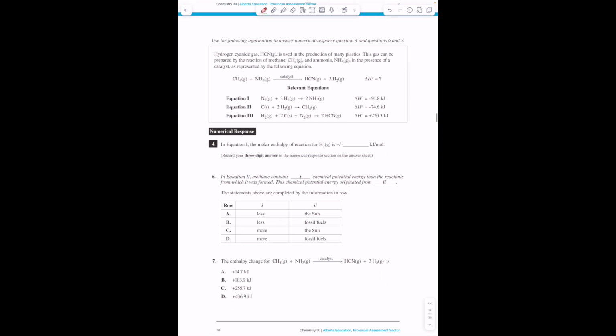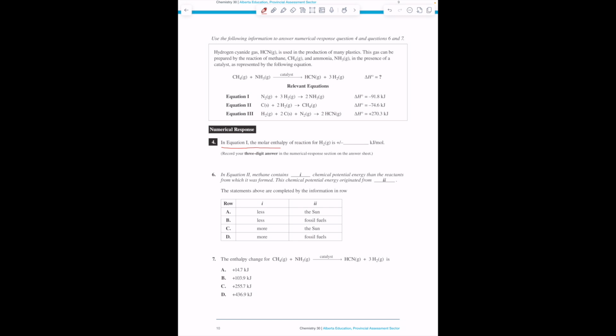Okay, next one. In equation 1, the molar enthalpy of reaction for H2 is, okay, so molar means kilojoules per mole, per 1 mole. And in equation 1, I can see that I have 3 H2s. So 3 logs on the fire are giving off that much energy.